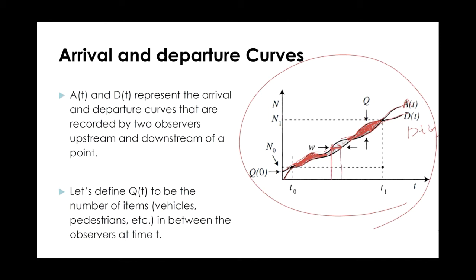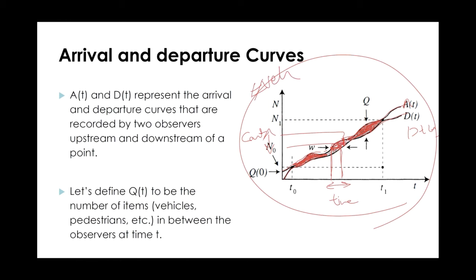What's the unit here? This is of nature of time, right? Well, what is the vertical distance? The vertical distance is of nature of counts, so that's the number of vehicles.